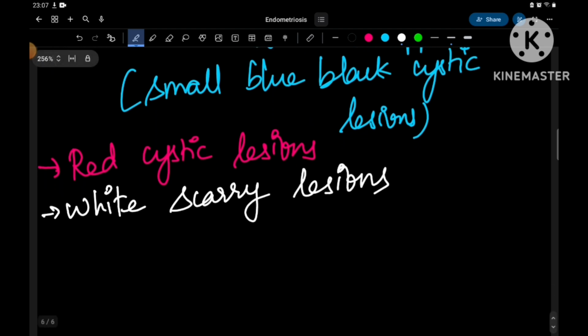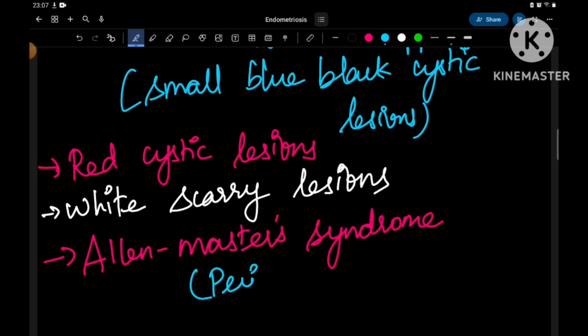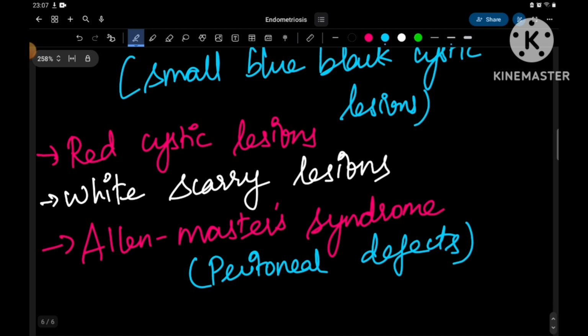And there is one syndrome which will occur here, that is Allen-Masters syndrome, which is basically nothing but peritoneal defects. So this is what I'd like to say to you about investigations, right, guys?